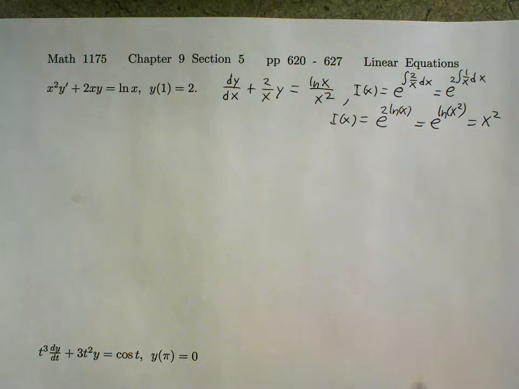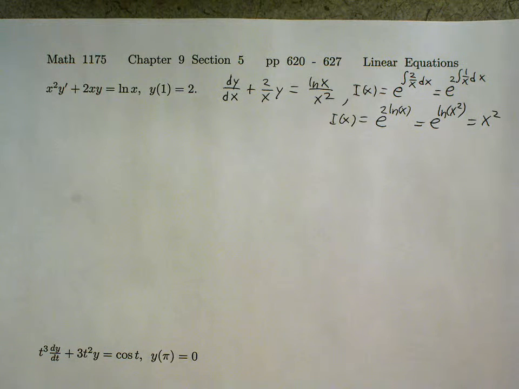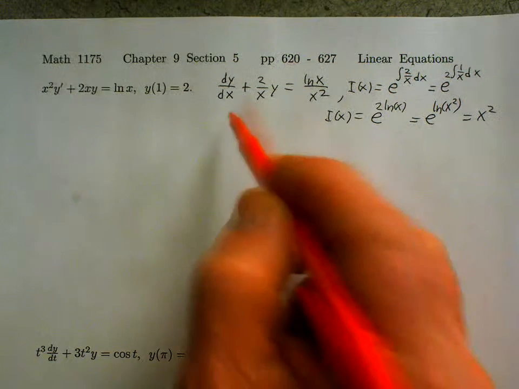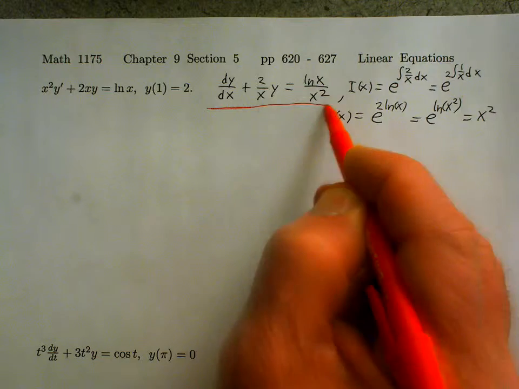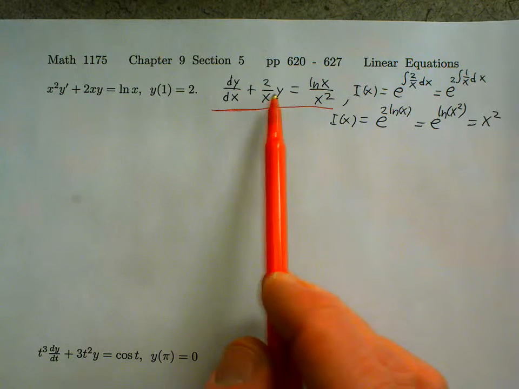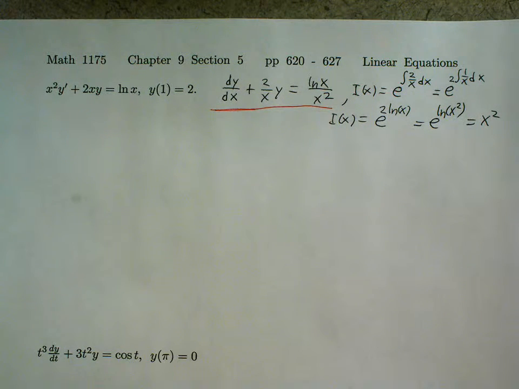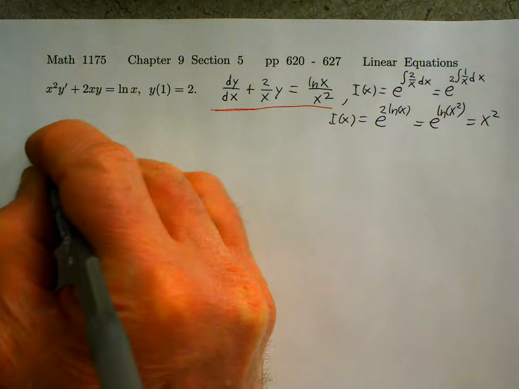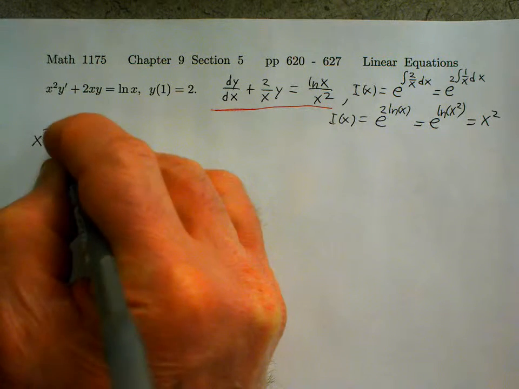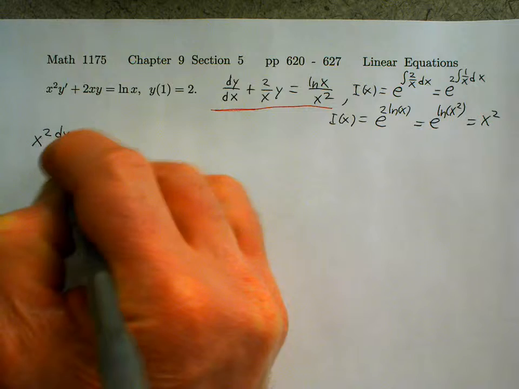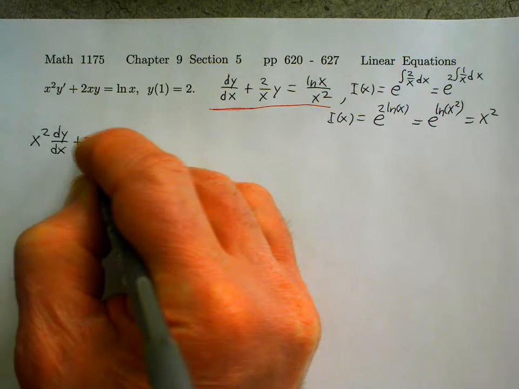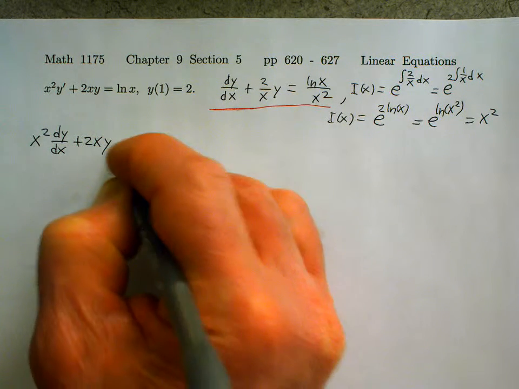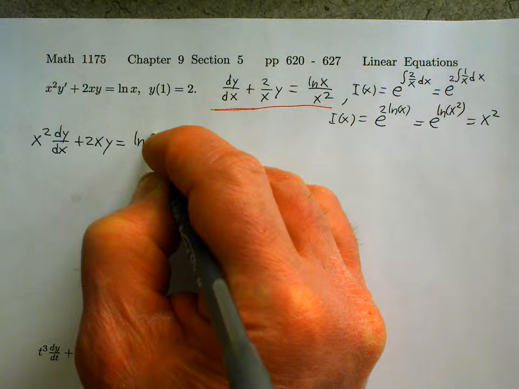Okay, then we multiply every term on both sides of this equation by x squared. So we get x squared times dy/dx plus 2xy equals the natural log of x.